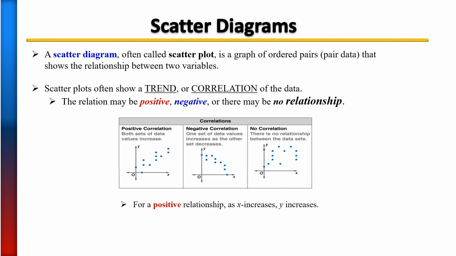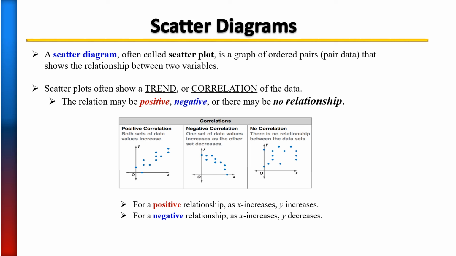So again, for a positive relationship, what you're going to see is as you move along from left to right, as X increases, Y also increases. For a negative relationship or negative correlation, as you move from left to right, as X increases, Y decreases.